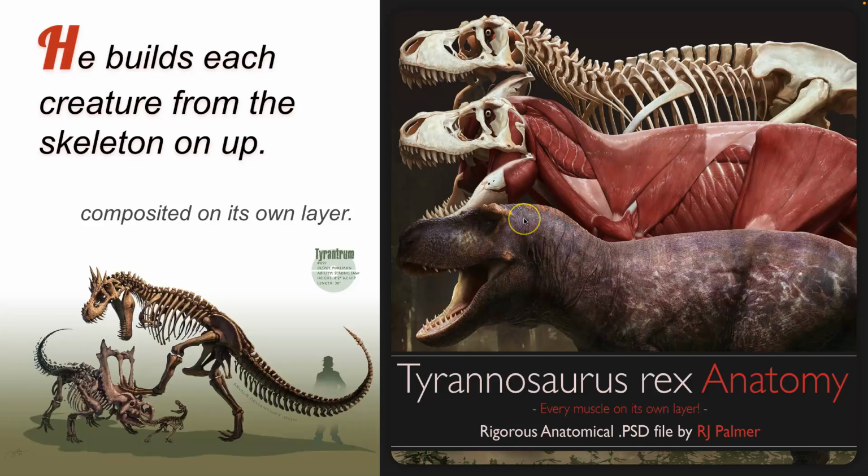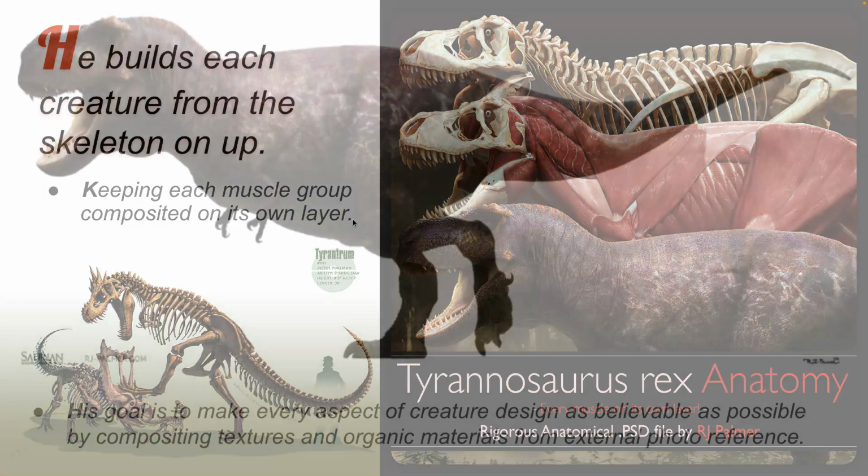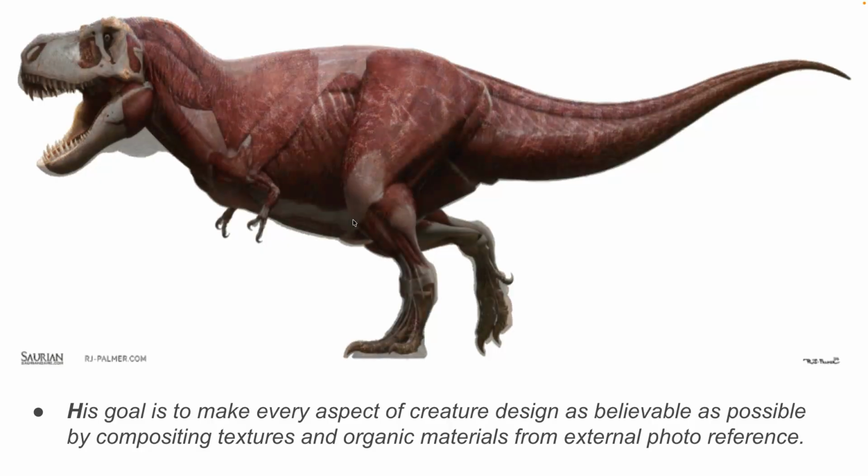And to do that, because there's a lot of documentation of the bones of dinosaurs, he started to composite from the photographs of animal corpses of like horses and cows and other creatures to actually build and composite onto those bones the musculature of the dinosaurs to really build the anatomy inside out.